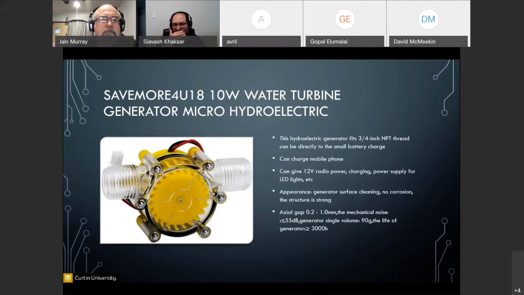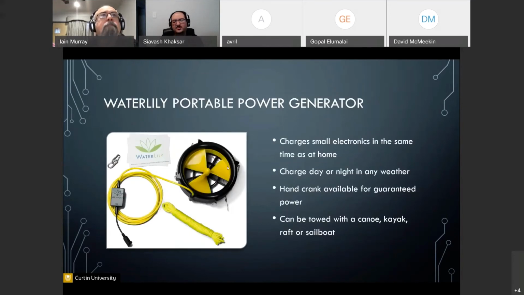And there's another one I found on Amazon. This one gives a 12-volt power, and it has a bunch of LEDs in there. I think this one is capable of charging smaller devices.